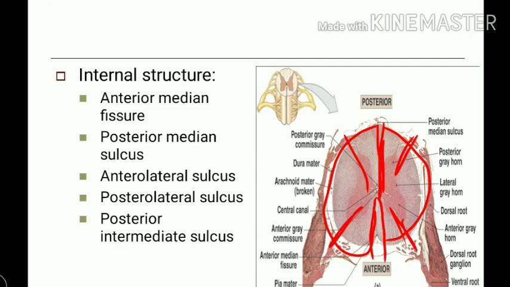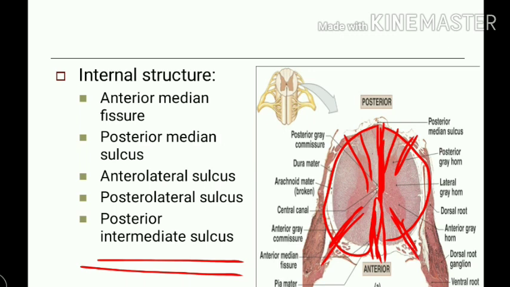In between these two we have another sulcus, known as the posterior intermediate sulcus. So these are the various fissures and sulci. Let us repeat: anterior median fissure, posterior median sulcus or septum, anterolateral sulcus, then posterolateral sulcus, and posterior intermediate sulcus.